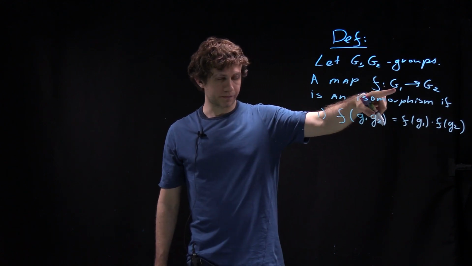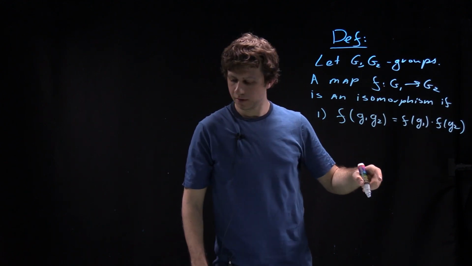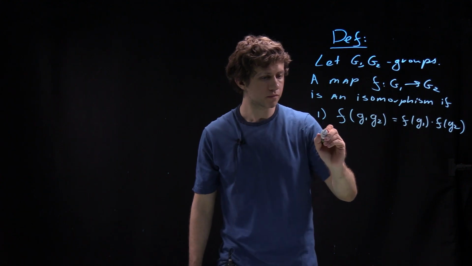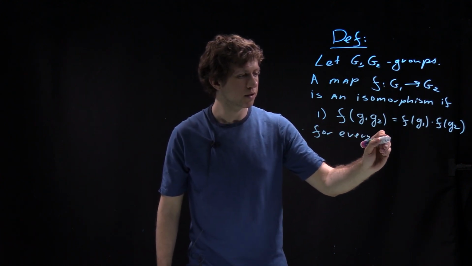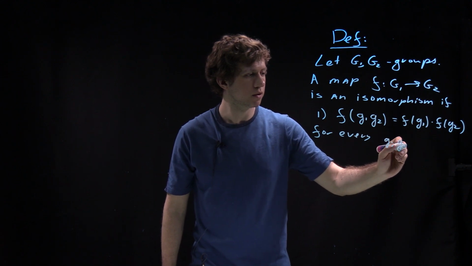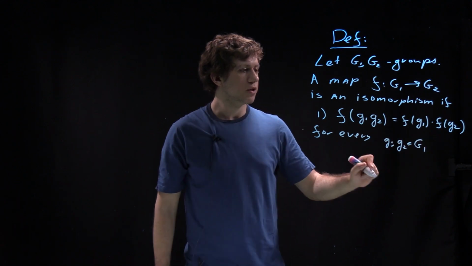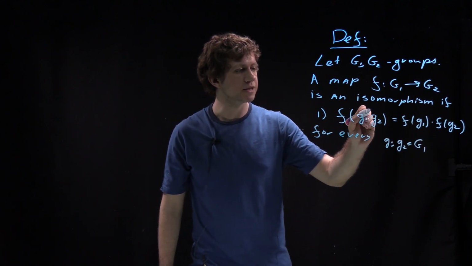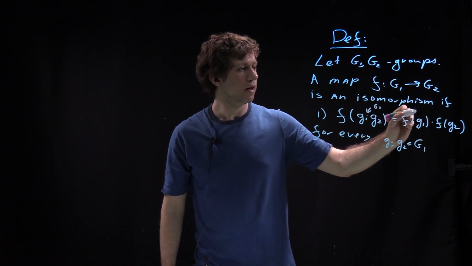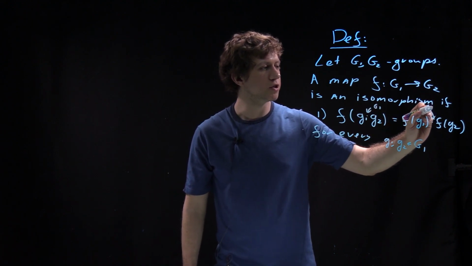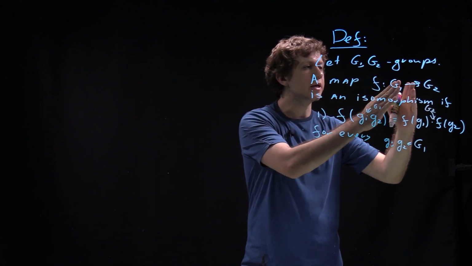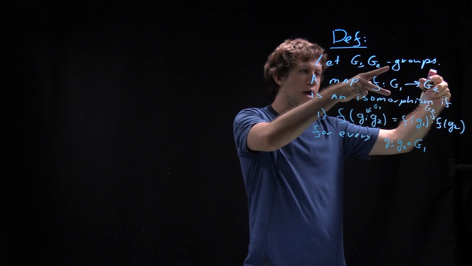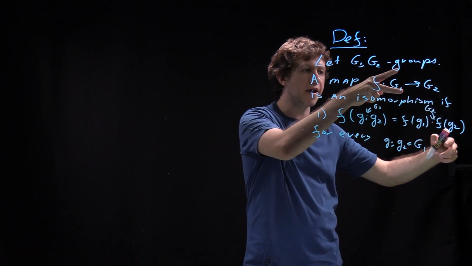for every G1, G2 in the first group. So here multiplication happens in G1. Here multiplication happens in G2. A map F is an isomorphism if it takes elements in G1 to elements in G2, and the rule of multiplication behaves accordingly.